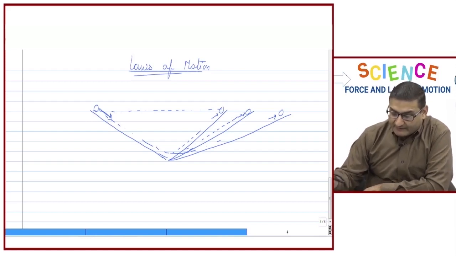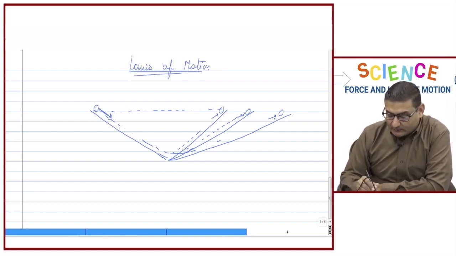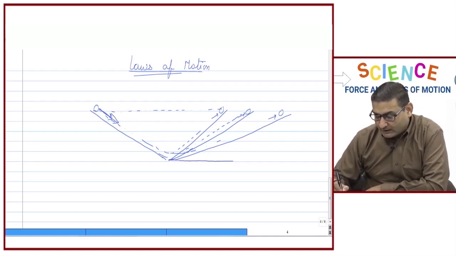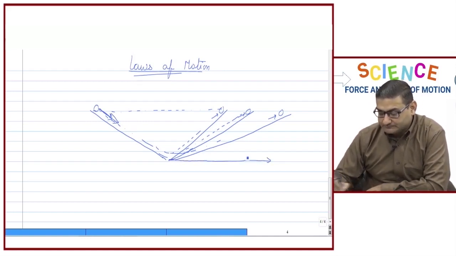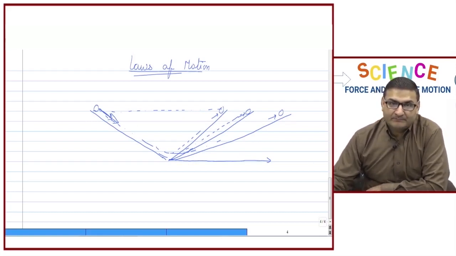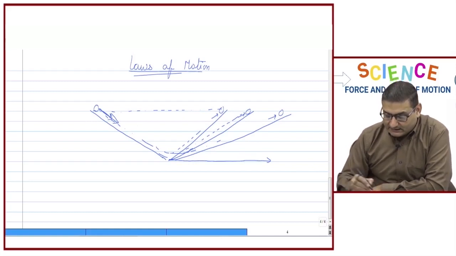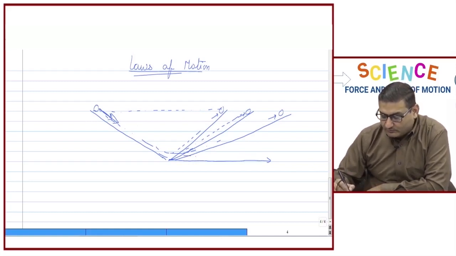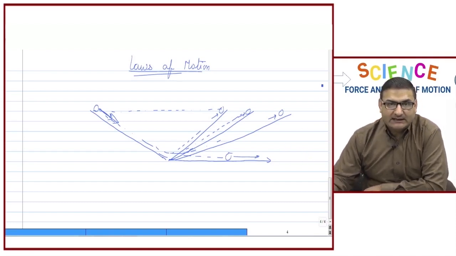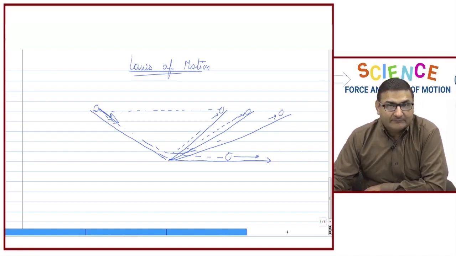Now, very importantly, if I allow this ball to go down and now I allow it to go on the straight surface, then this ball is going to go like this and it will continue going till it reaches that particular height.